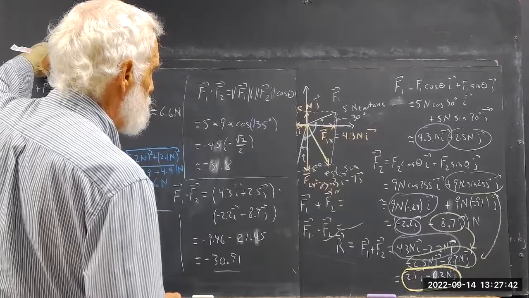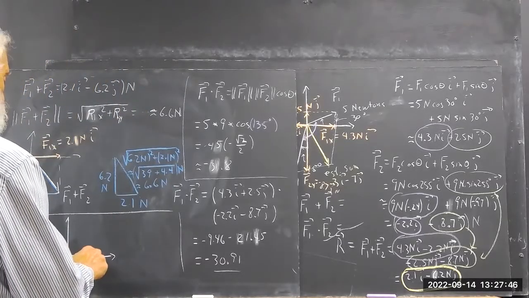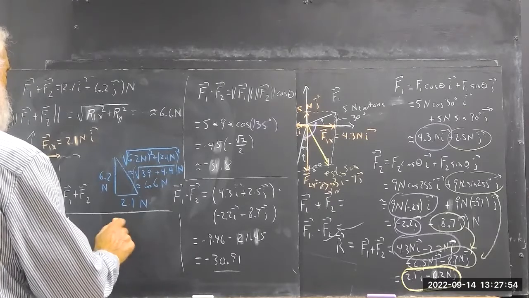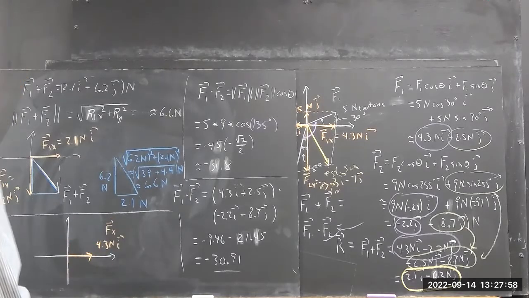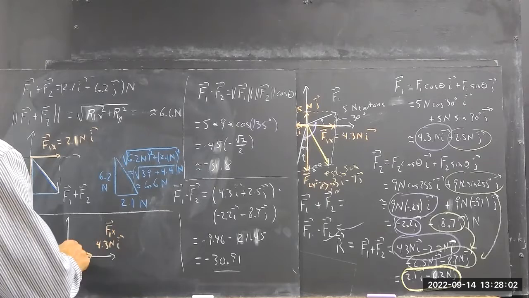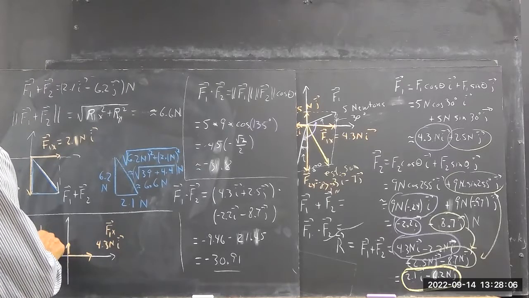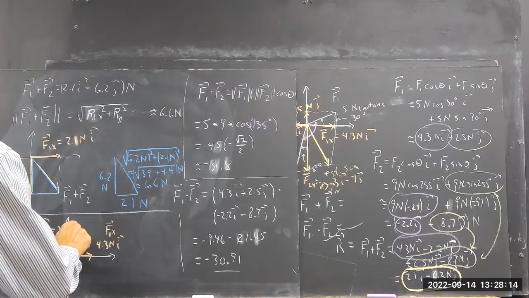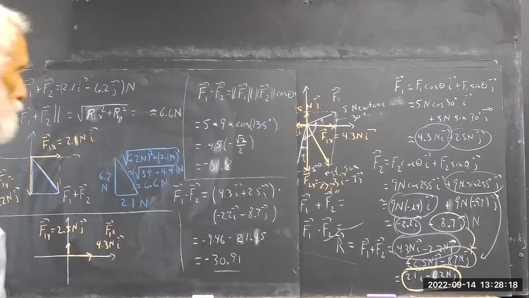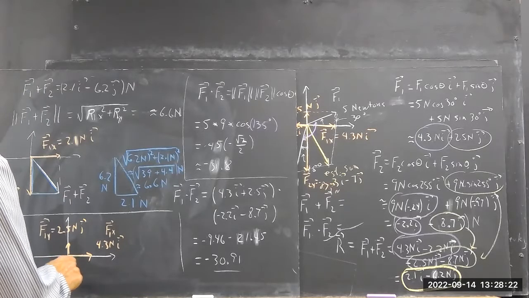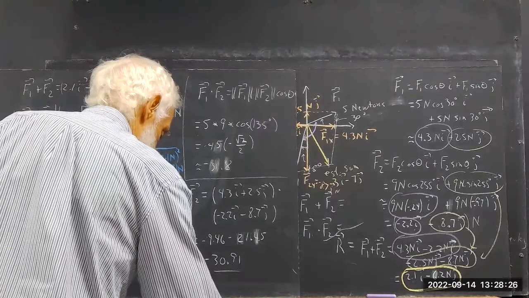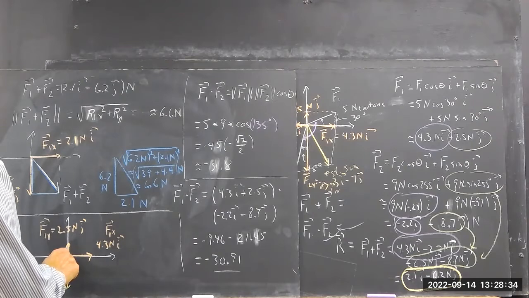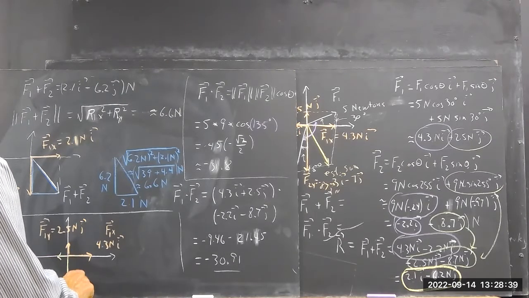So that I'm going to have F1x, 4.3 newtons times I. F1y is 0.5 newtons times J. F2x and F2y, I'm going to make sure you put the column. Well, F2x and F2y look like this.